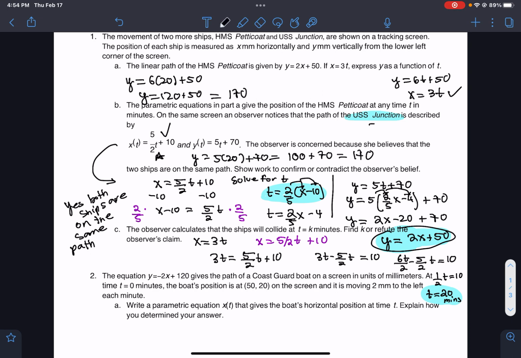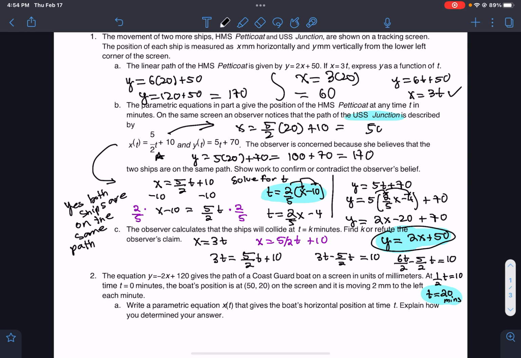If I do x equals 3 times 20, that gives me 60. If I take x equals 5 over 2 times 20 plus 10, 5 times 20 is 100. 100 over 2 is 50. 50 plus 10 is 60.